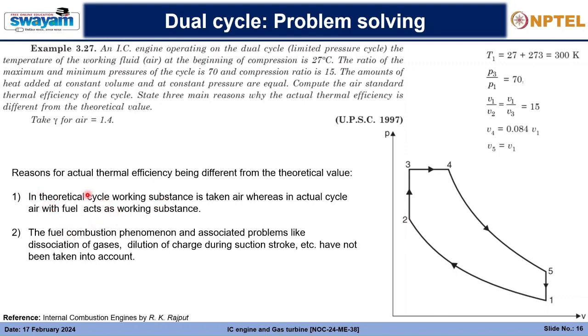The first is that in the theoretical cycle, the working substance is taken as air, whereas in the actual cycle, air and fuel act as the working substance. That is the case because if the substance is different, the thermal efficiency will be different, because the value of gamma will be different, and the values of Cp and Cv will be different. So everything will be different, and accordingly the thermal efficiency will be different.